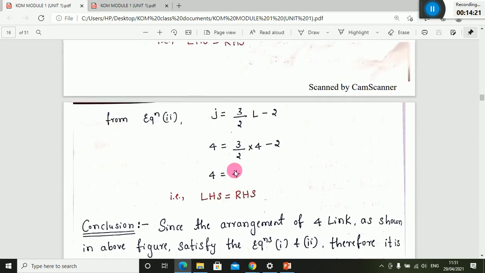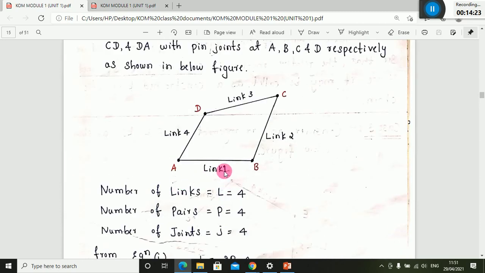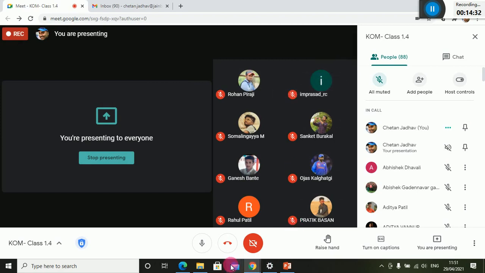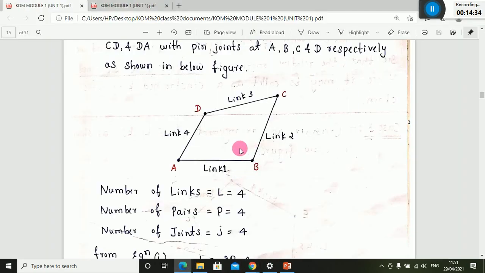So the number of links is 4. This AB is 1 link, BC is 1 more, CD is 1 more, DA is 1 more, right? And the number of pairs: link 1 and link 2 constitute 1 pair, 2 and 3 make 1 more pair, 3 and 4 one more, 4 and 1.